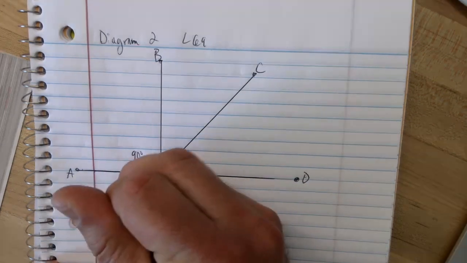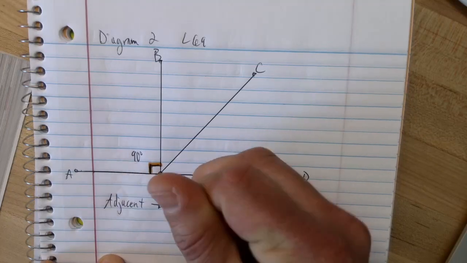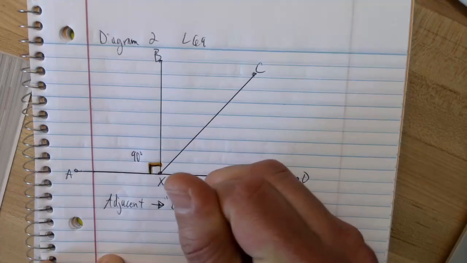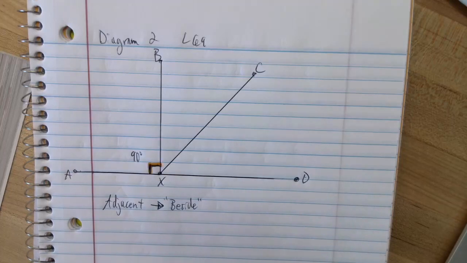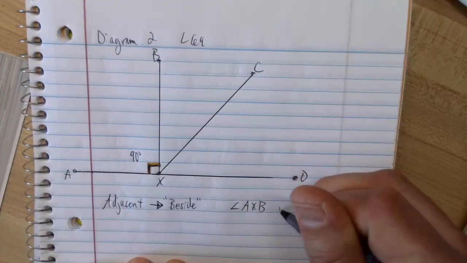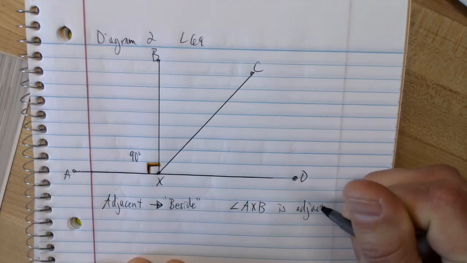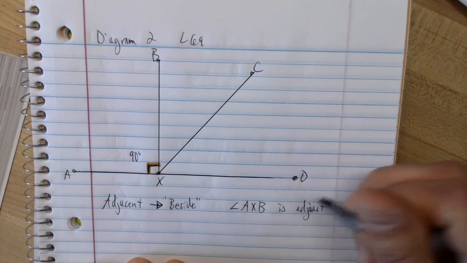But adjacent simply means beside. I'm going to put that in quotations. Adjacent means beside. So we could say that angle AXB is adjacent.